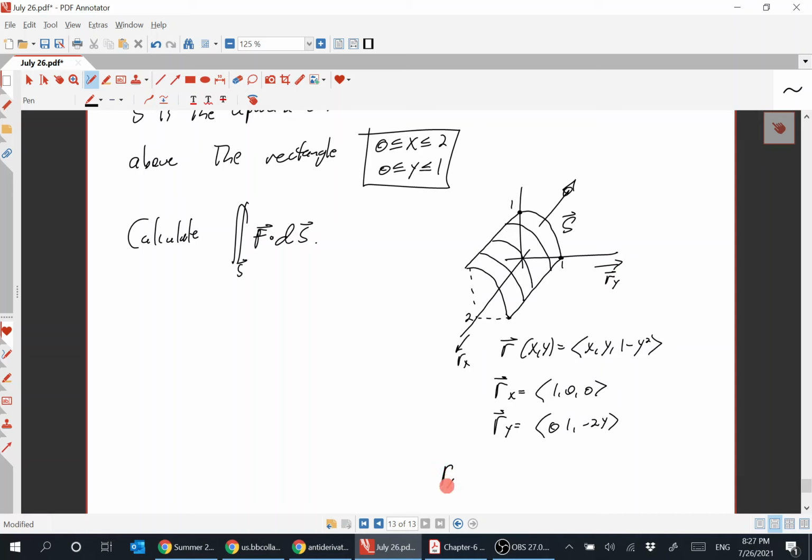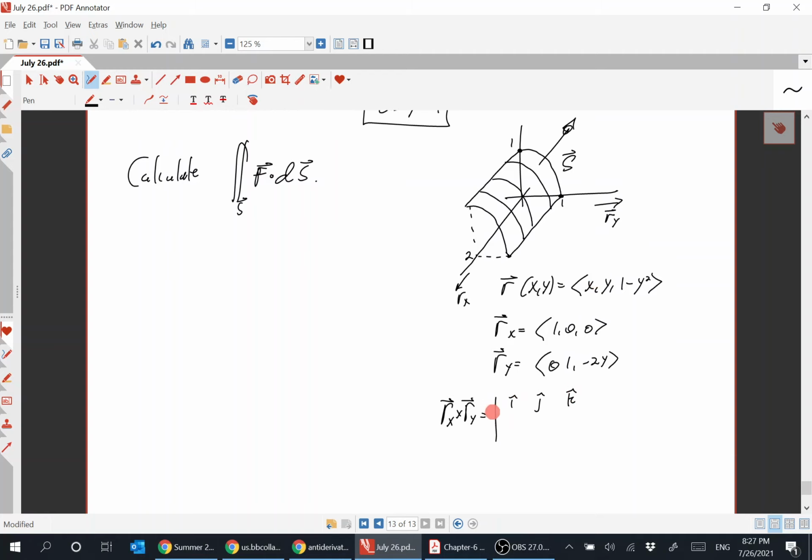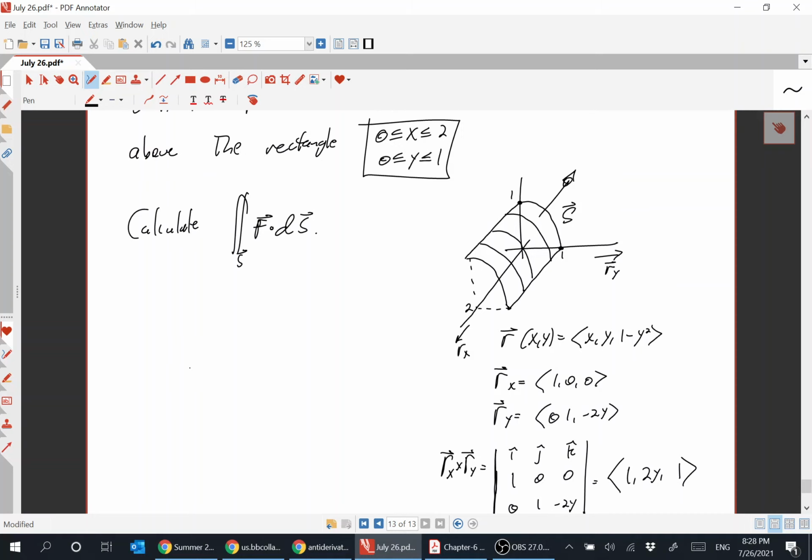So the cross product you're looking for is r_x cross r_y: 1, 0, 0, 0, 1, minus 2y. So this is equal to, in the x-coordinate you have 1, in the y-coordinate you've got minus 2y, negated is 2y, and in the k-coordinate you just got 1. Okay, so that's the cross product.